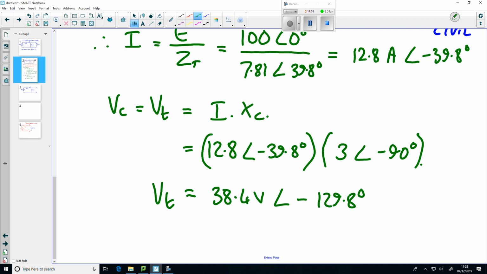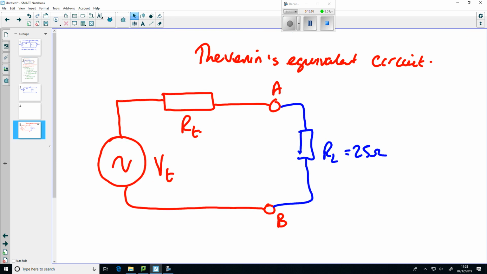So that is our Thevenin's voltage. So on our equivalent circuit I drew, we can now write that in. V little t is equal to 38.4 volts angle minus 129.8 degrees. Yeah. So we got one part of our equivalent circuit.